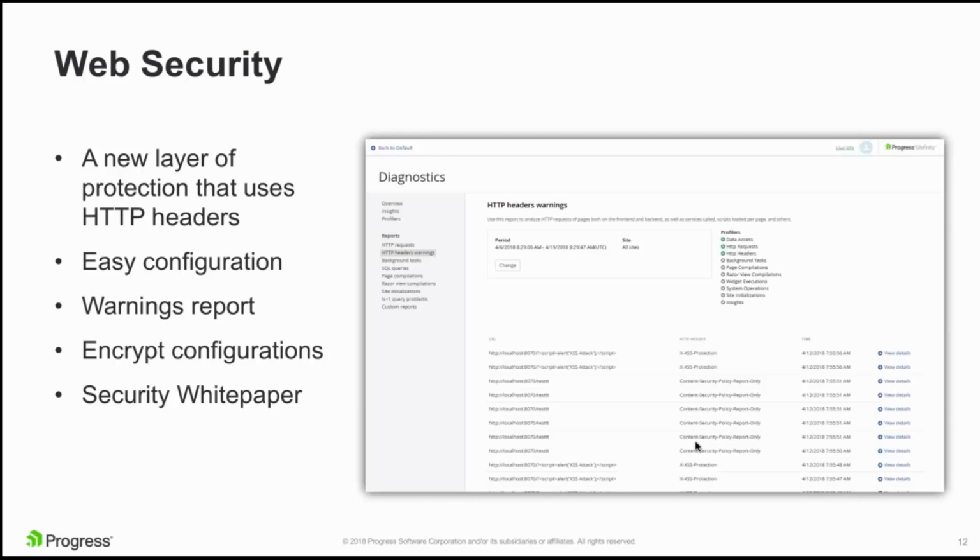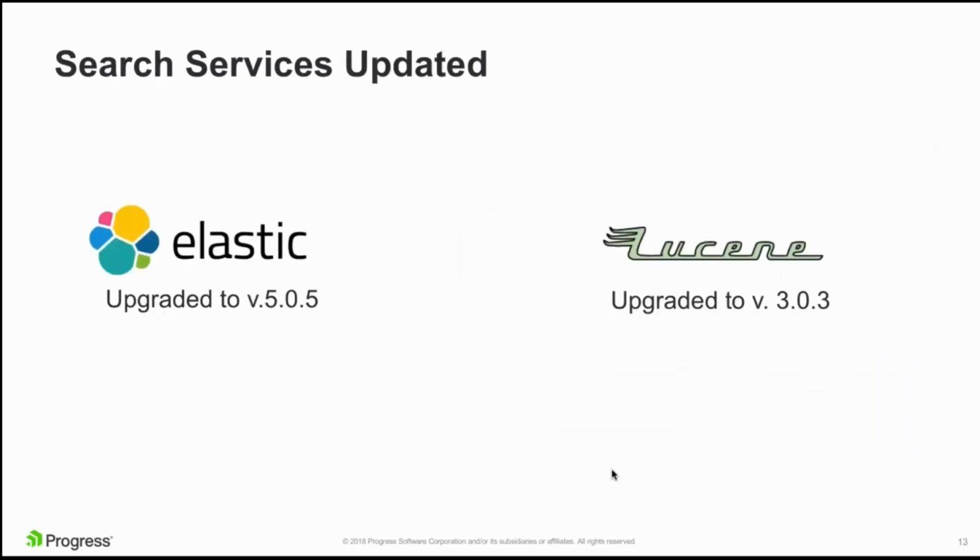Along with this release, we're also providing a security white paper to help our partners and customers get a better understanding of security implications and how this relates to Sitefinity. We also improved our search services, Elasticsearch and Lucene, to more recent versions.